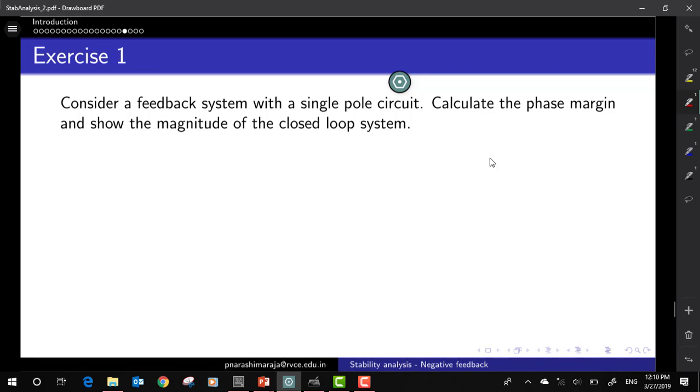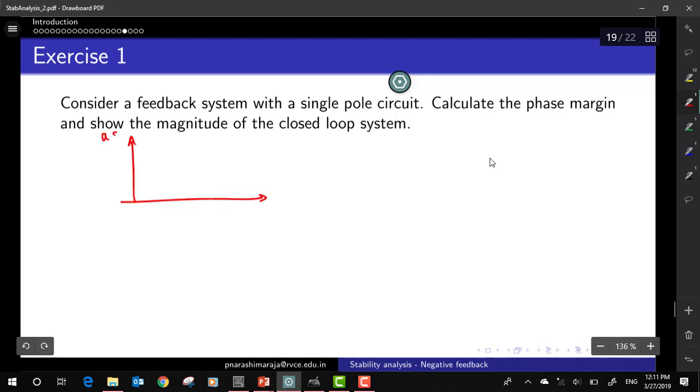As far as the first problem, can you tell me what is the phase margin of this particular system where I have a single pole in the feedback? What is the minimum phase margin value that I can get? Minus 45 or? Let us take a simple first order system.